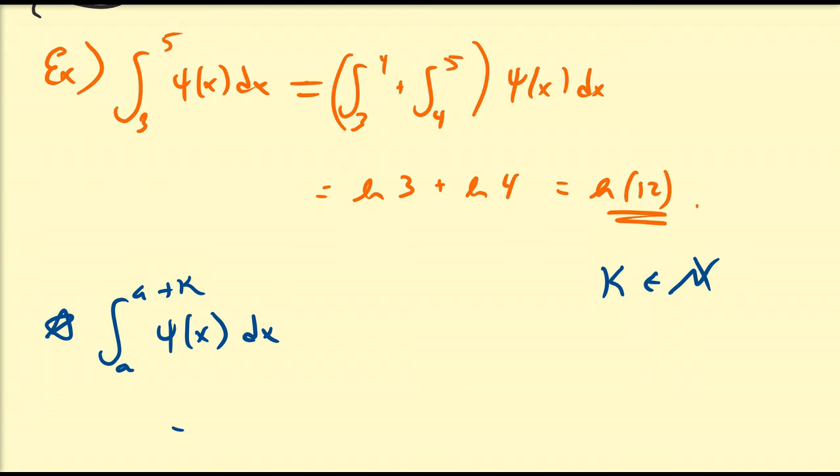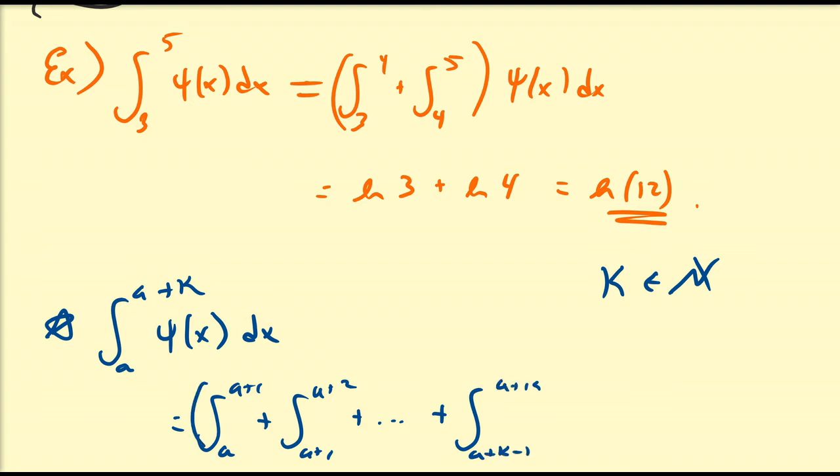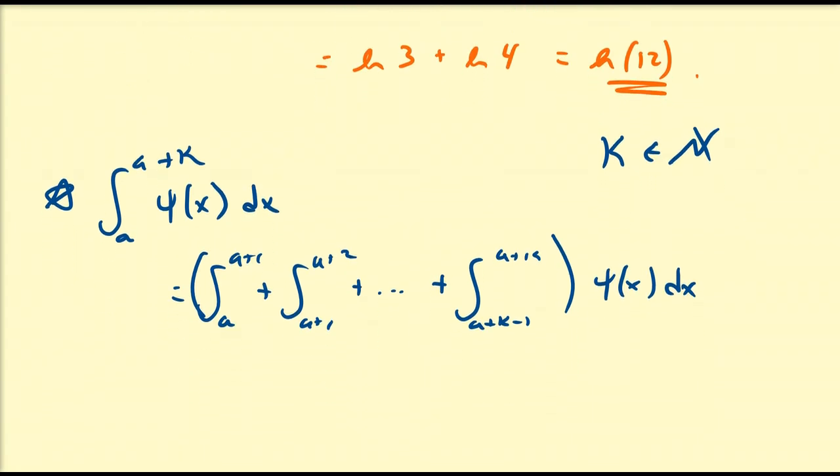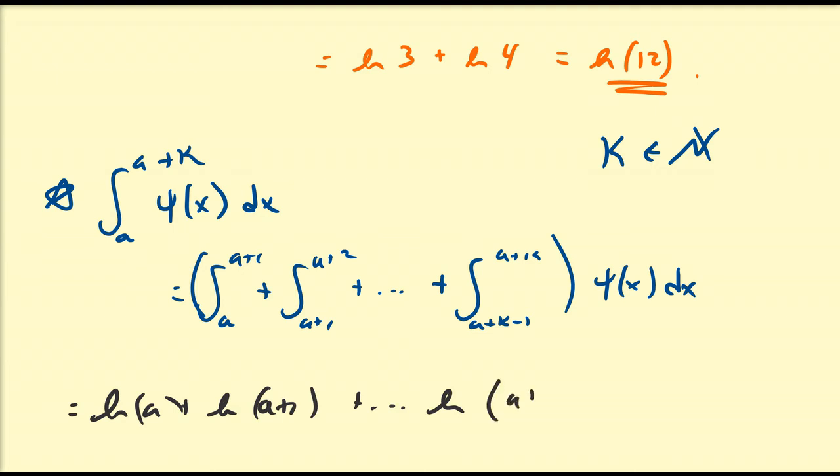So this is going to be equal to the integral from a to a plus 1 plus the integral from a plus 1 to a plus 2, all the way out to the integral from a plus k minus 1 to a plus k of digamma of x dx. So this is of course just going to be equal to the natural log of a plus the natural log of a plus 1, all the way out to the natural log of a plus k minus 1.